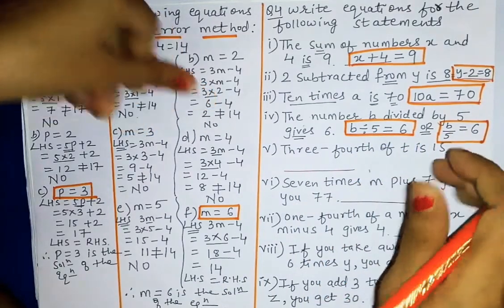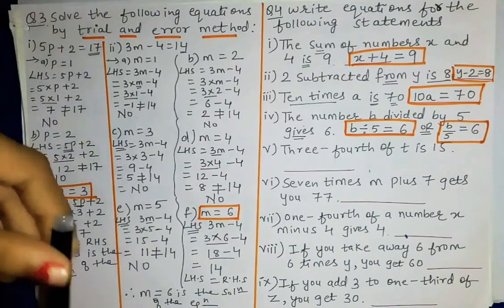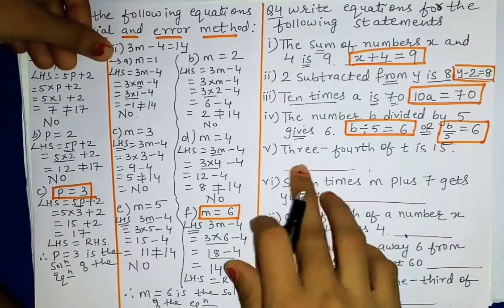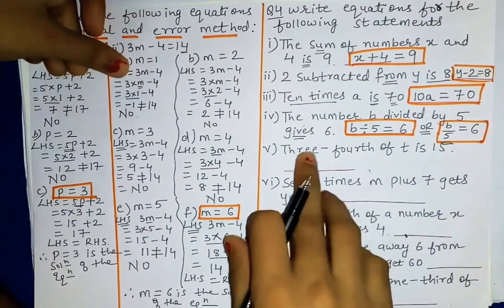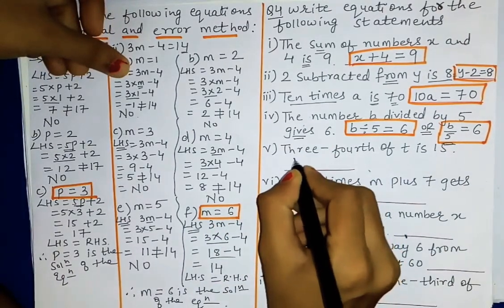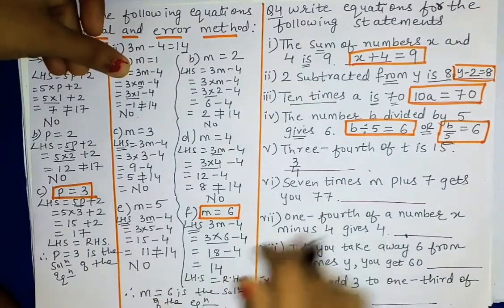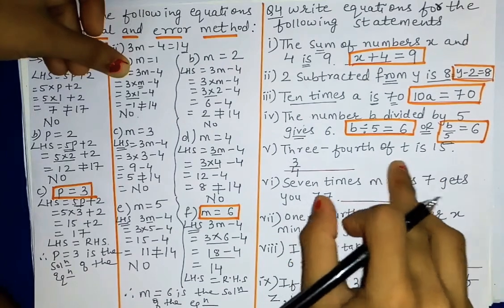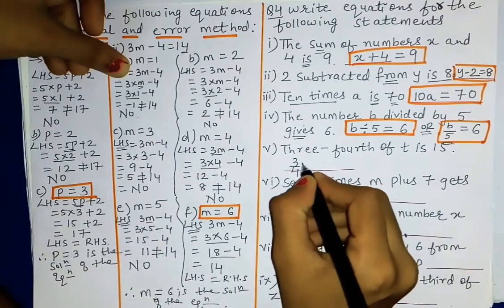Both are correct. You write b divided by 5 equal to 6, or you write b upon 5 equal to 6. Now the fifth one, 3/4 of t is 15. 3/4 means a fraction is given, so 3 upon 4 of t. Of means multiplication of t. So 3 upon 4 into t.